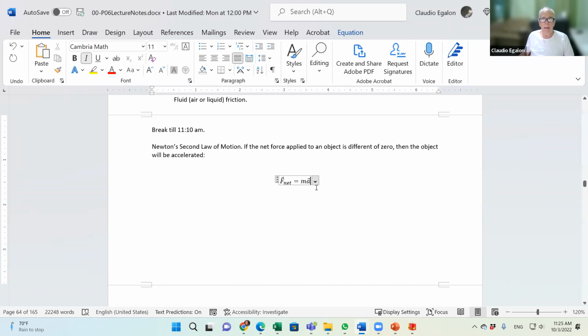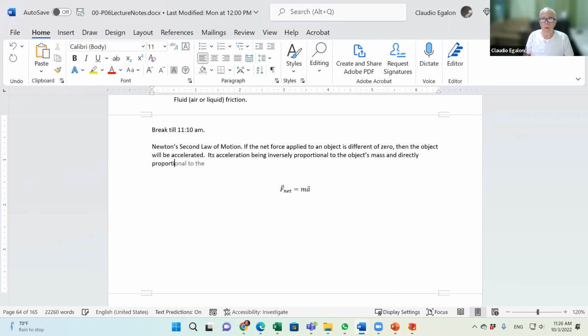The object will be accelerated, its acceleration being inversely proportional to the object's mass and directly proportional to the net force.